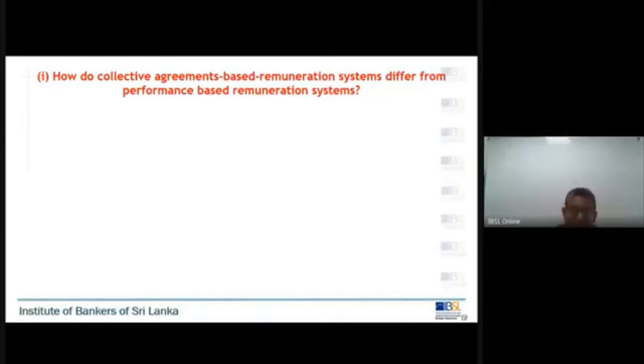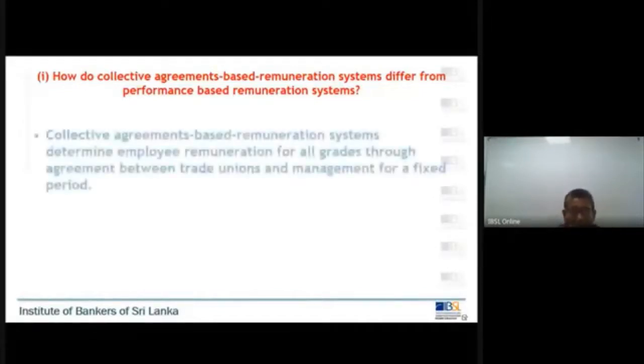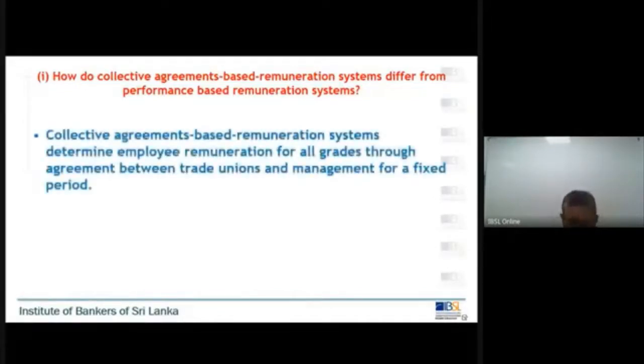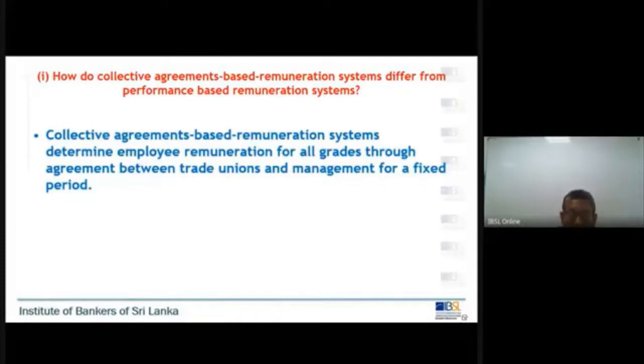In a bank, remuneration is usually paid in two ways. One is the performance-based remuneration system. The other is the collective agreement-based remuneration system. Collective agreement-based remuneration system means determining employee remuneration of all grades through agreement between trade unions and the management for a fixed period.